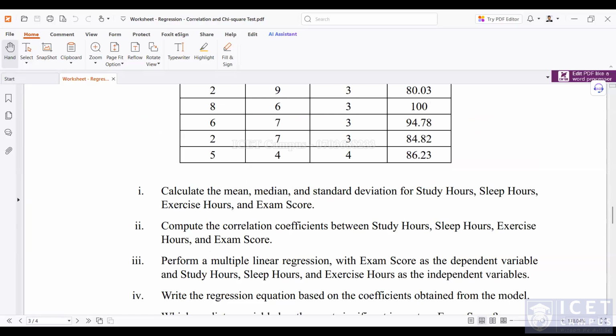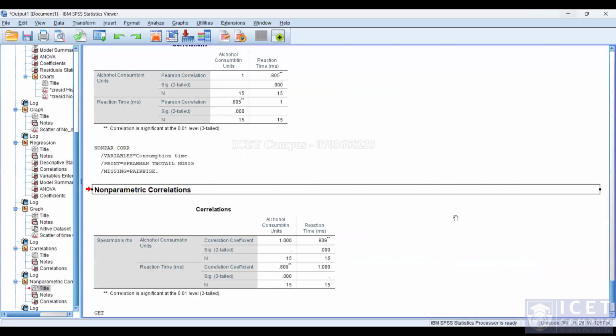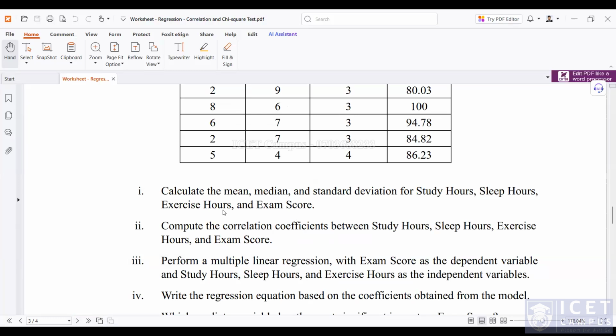Then we can check. Right. So we can go analyze, descriptive statistics.